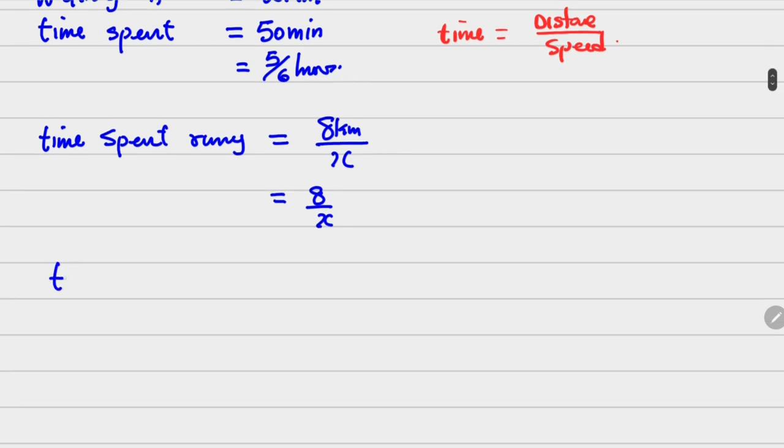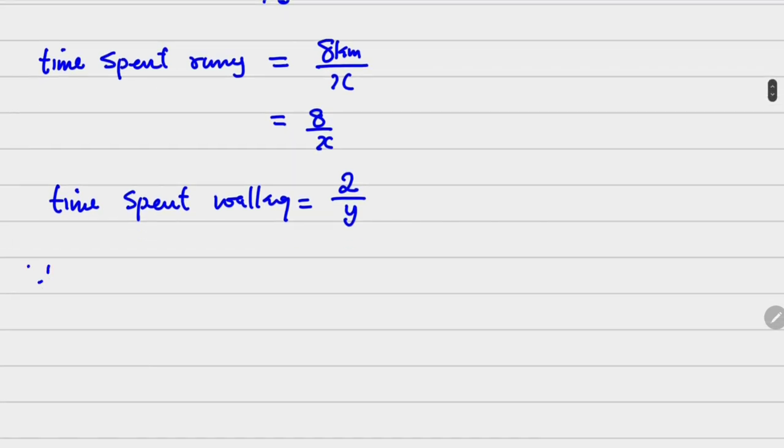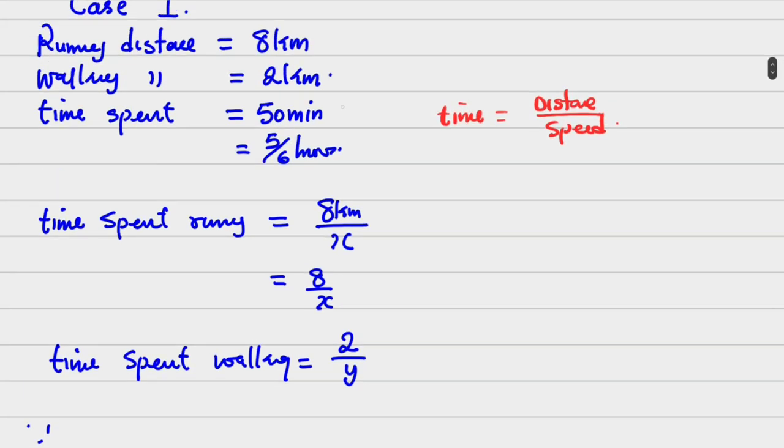Then we come down to time spent walking. The same thing we are going to do here. The distance for walking is 2 and the speed for walking is Y. Now, recall the time spent for running and for walking, the two of them, when you add it, is going to give you these 50 minutes or 5/6 hours.